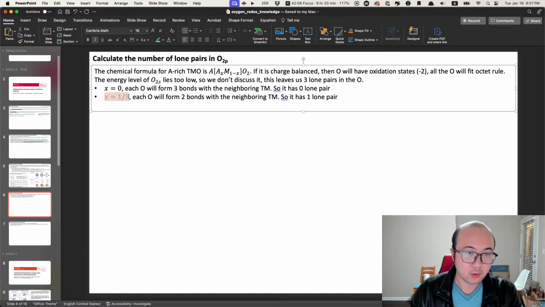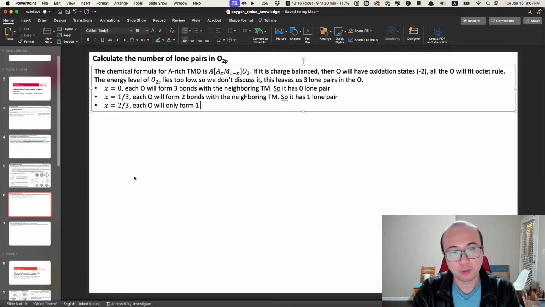If x equals 2/3, each oxygen will only form 1 bond.